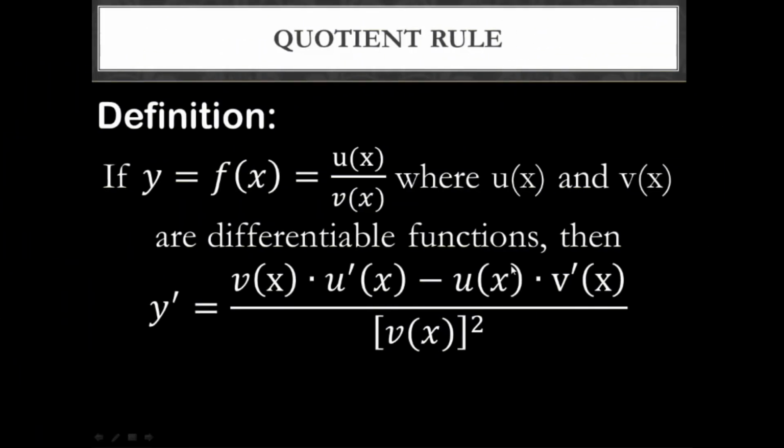Okay. Quotient rule. If y equal to f of x equal to u of x over v of x, where u of x and v of x are differentiable functions, then y prime equal to v of x times u prime of x minus u of x times v prime of x, all over the square of that denominator.